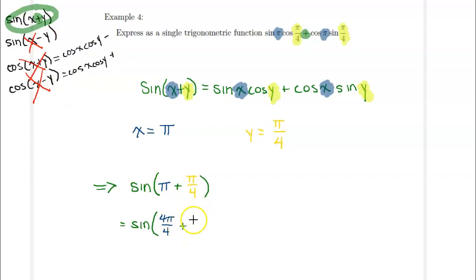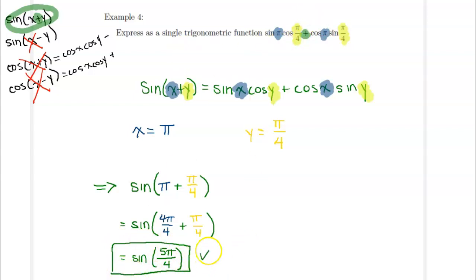So now that they have the same denominators, I can add these two things together. So 4 pi plus 1 more pi will give me 5 pi over 4. And that is how you would have written that as a single trigonometric function.